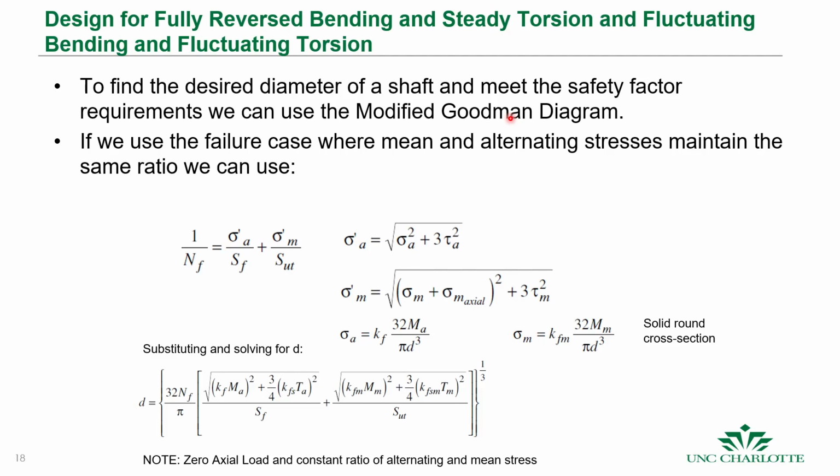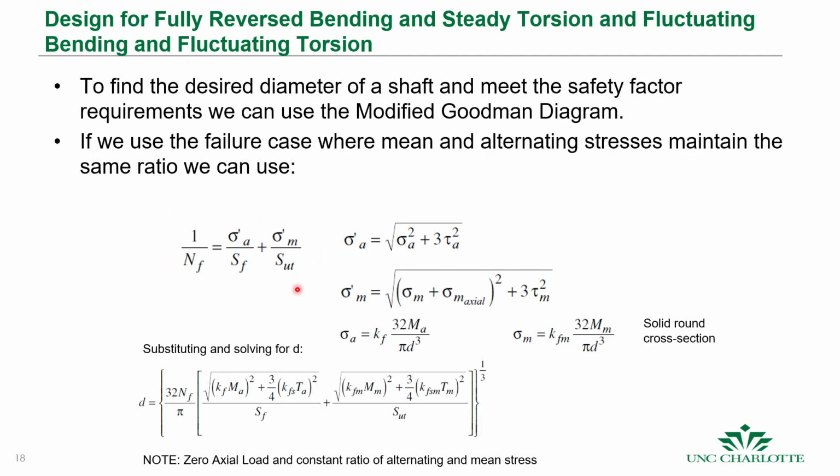All right, so how do we actually do the design? Well, because these shaft applications are almost always designed against fatigue, we can start off with our safety factor definition from the Goodman diagram. You'll remember we had the 4 different cases, and in this case, we use the case where the mean and alternating stresses maintain the same ratio.